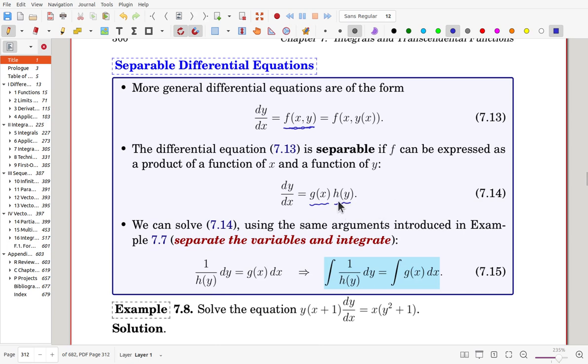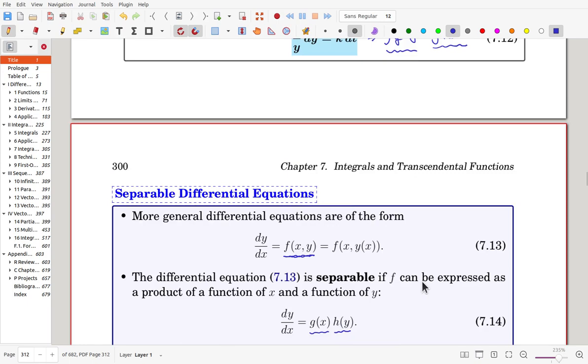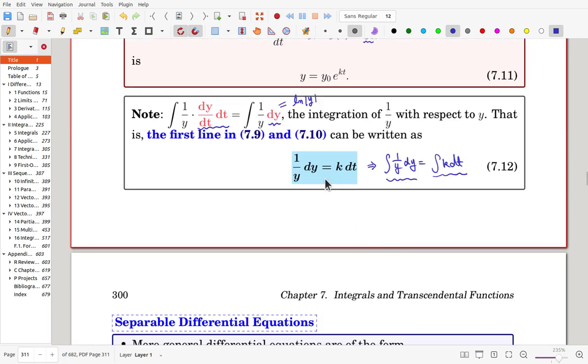Here, y variables move to the left-hand side, so divide by h of y, and now multiply by dx, then we can reach that one. And then we apply integration. Of course, on the left-hand side, integration is with respect to y, and on the right-hand side, integration is with respect to x, as we did earlier here.